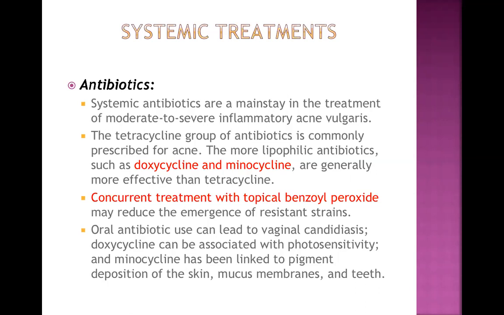Some of the dermatologists even give them for 3 months. At the same time, if we give this benzoyl peroxide cream as a topical, then it will decrease the emergence of resistant strains of that particular bacteria. Okay, that is Propionibacterium acnes.